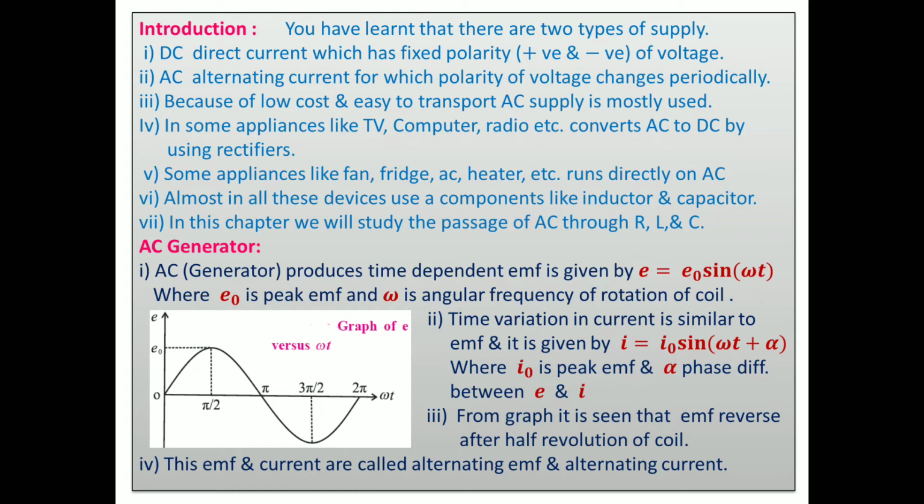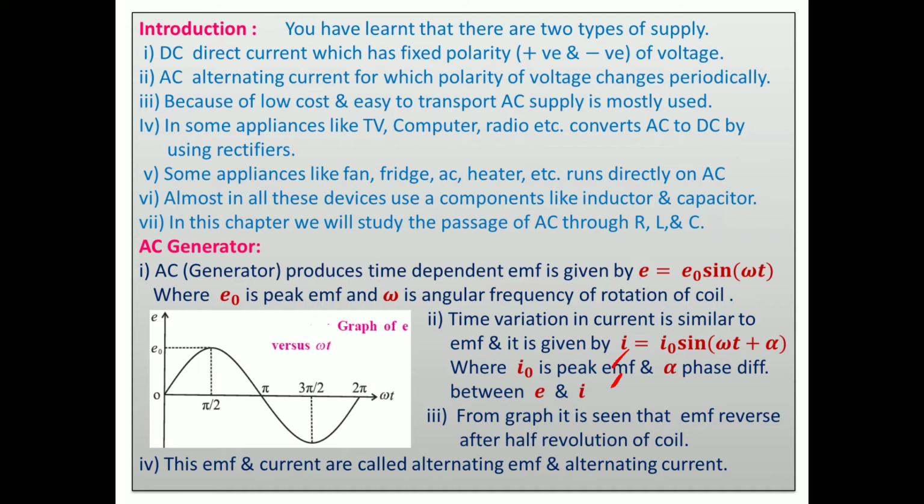The time variation in current is similar to EMF and it is given by I equal to I naught sin(omega t plus alpha), where alpha is the phase difference between current and EMF and I naught is the peak current, sorry. Here EMF was written, it should be current.